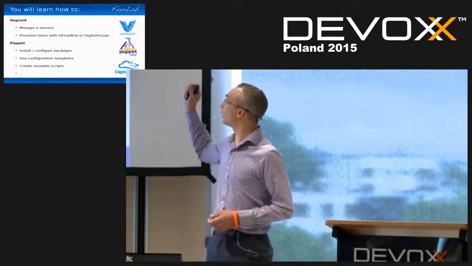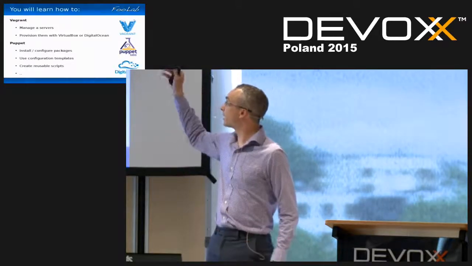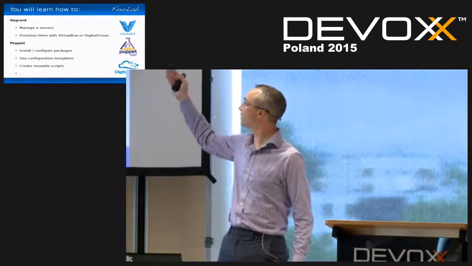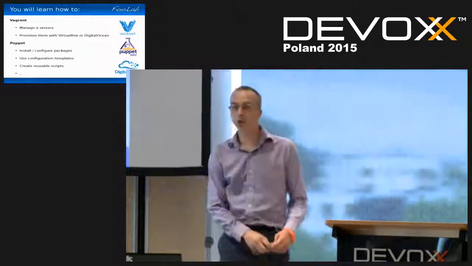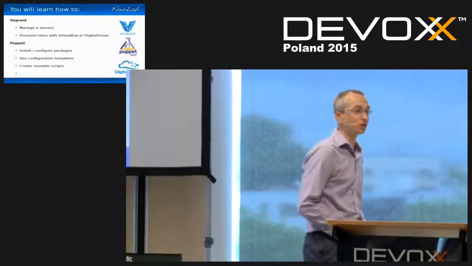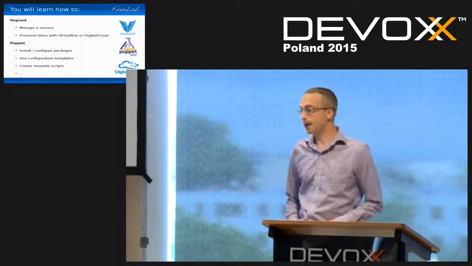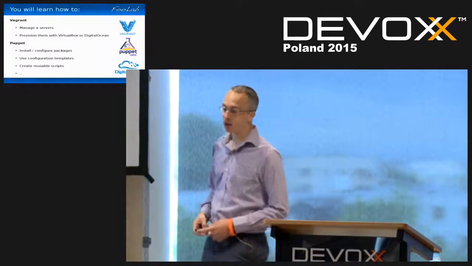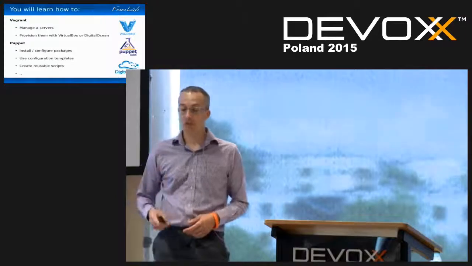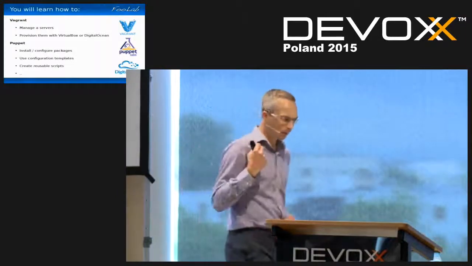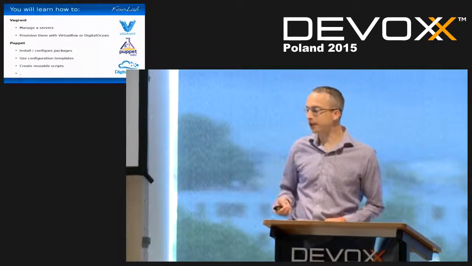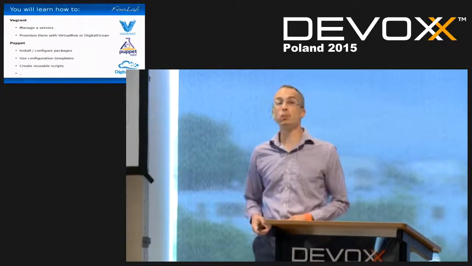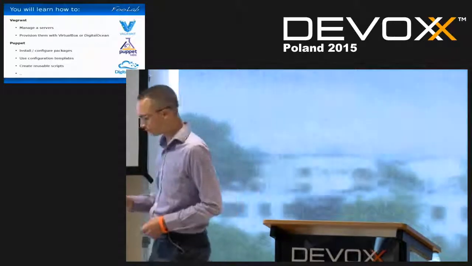So what you will learn in this presentation is how to manage machines with Vagrant, how to provision them with VirtualBox or DigitalOcean, how to install packages with Puppet, how to configure templates, and how to create reusable scripts and manifests.